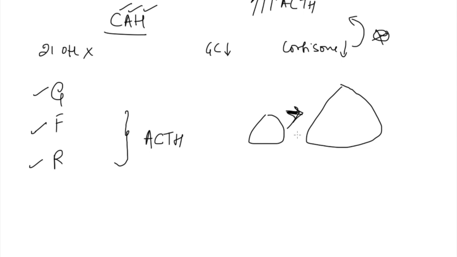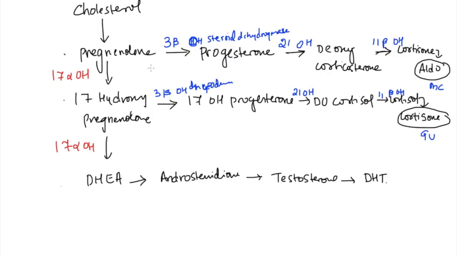Simple. Okay. So the enzymes that are absent here will be 21, followed by 11, followed by 17, followed by 3. This is pretty rare. Others we can just work out here. Let us have a look at this. If 21 is absent, we have just told what happened.